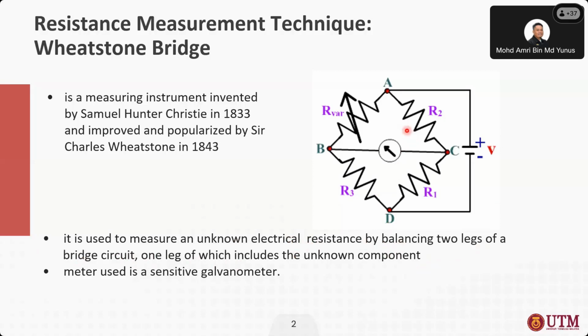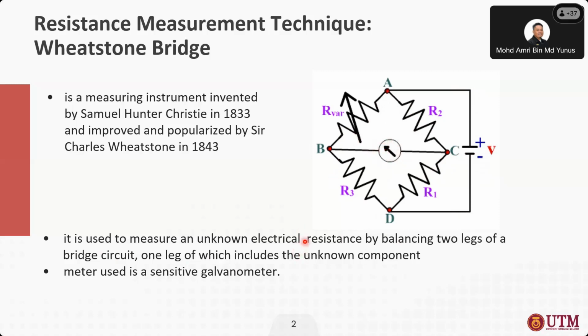As you can see here, it has 4 resistors connected in the form of a bridge, where between A and D we supply a voltage, the power supply, and between B and C we connect a PMMC or galvanometer.